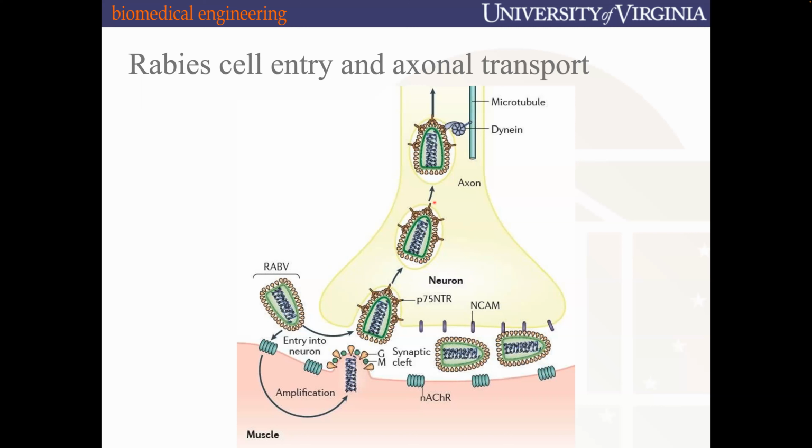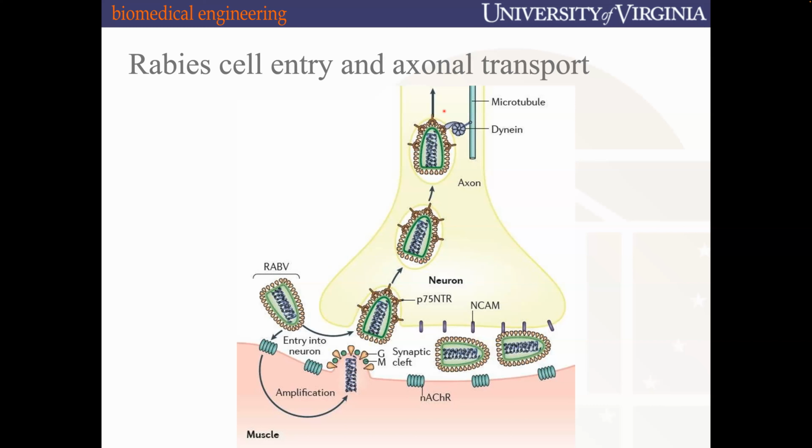Once it's endocytosed into this P75NTR, it's a transmembrane protein. So there's a part of this protein that is accessible on the inside of the cell, and this part of the protein that is accessible on the inside of the cell will bind to a certain dynein adapter protein. And this allows for the transport of this cargo all the way up this motor neuron. So this motor neuron will connect to the central nervous system.